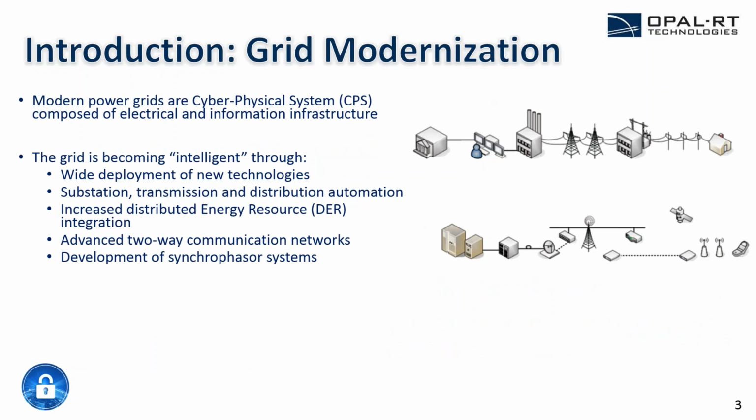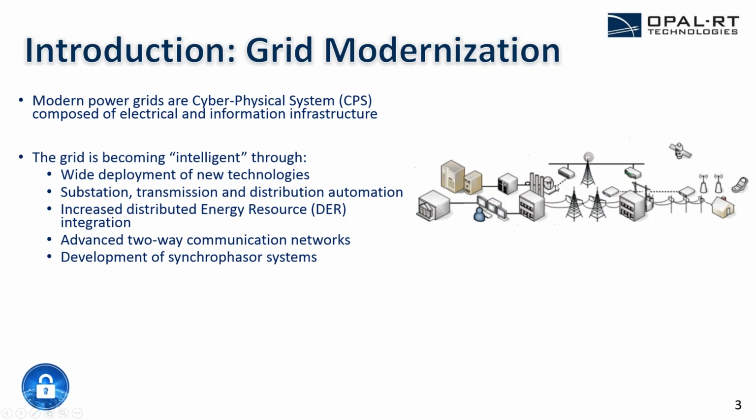So that's exactly what modern power grids are. They're cyber-physical systems. They're composed of physical infrastructure and information infrastructure. And when we put them together, we get the modern power grid. So how is it becoming more intelligent? Well, obviously, there are new technologies. There's also a question of automation, such as the automation of substations, transmission and distribution systems.